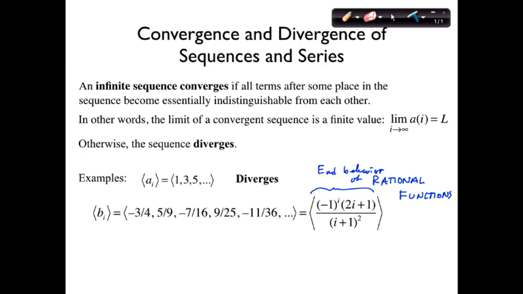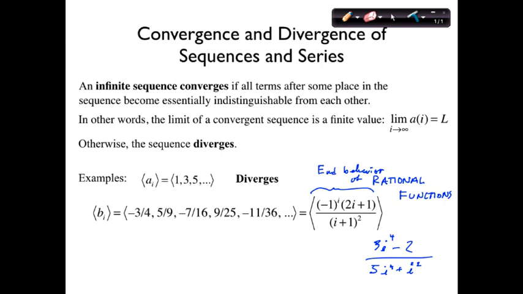What about if they were the same degree? So we'll see more examples. But what happens if they're the same degree in the numerator and denominator? Quick example, say 3i to the fourth minus 2 over 5i to the fourth plus i squared.